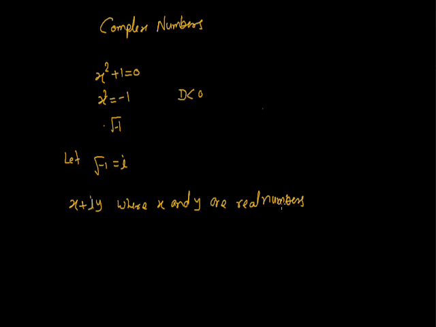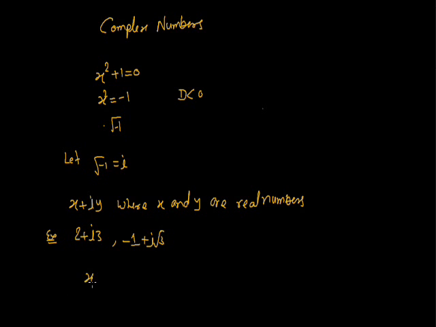If we have any number in the form x plus iota y, where x and y are real numbers, then it is a complex number. For example, 2 plus iota 3 is a complex number, and 2 and 3 belong to real numbers. More examples: minus 1 plus iota root 3 is similarly also a complex number.